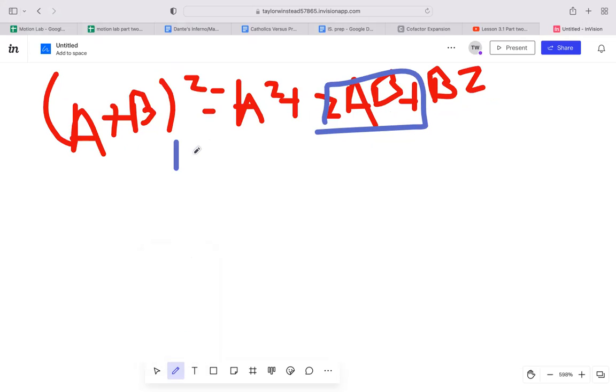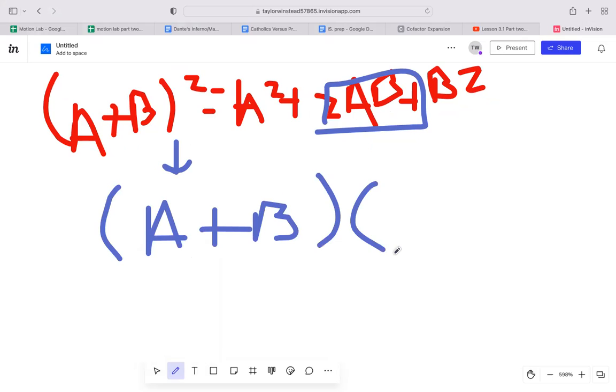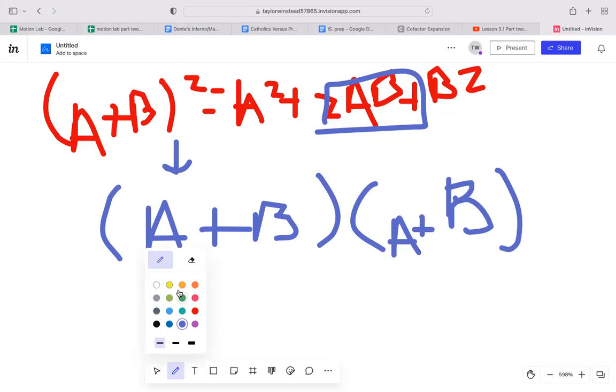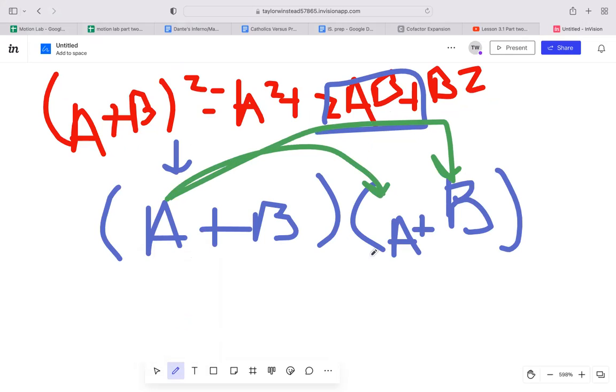The reason why is because let's actually do this. Let's take A plus B and multiply times A plus B. So we're getting back to our algebra 1 pre-algebra roots with our distribution method.